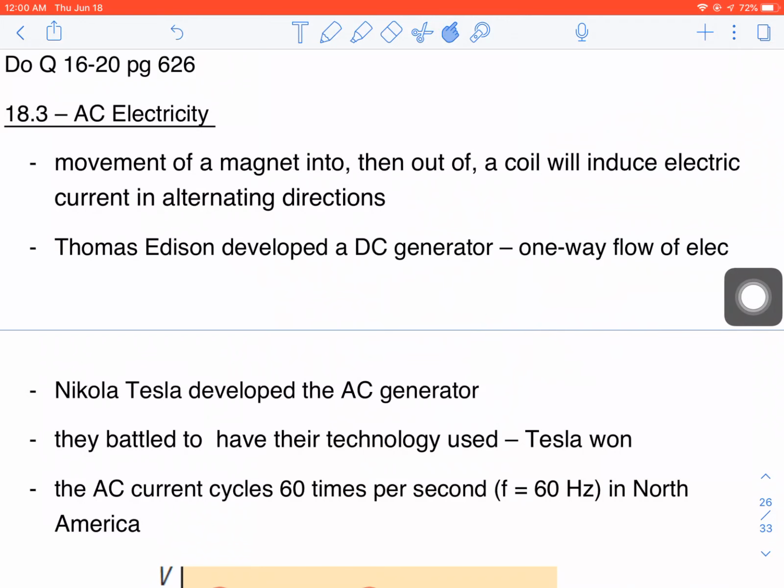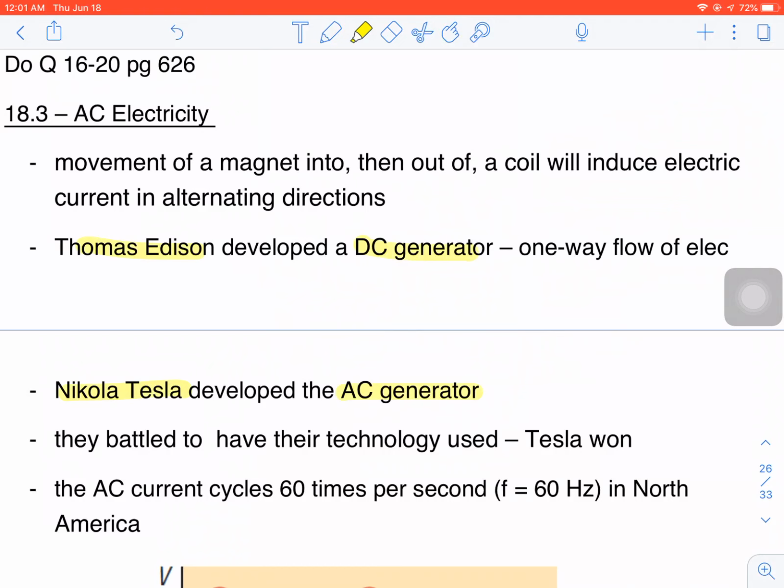And that one-way flow of electrons was one possibility. So again, be thinking about a time before we had electricity in our homes, and we've got these two people, Thomas Edison and Nikola Tesla, who have developed two different ways to make electricity. Thomas Edison was by far much more well known, had a great reputation.